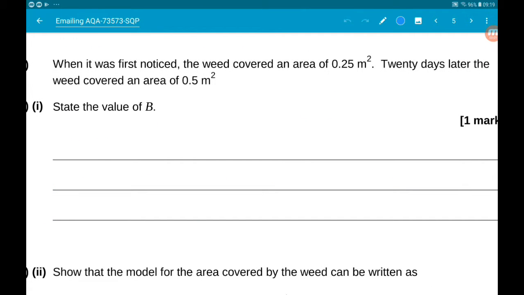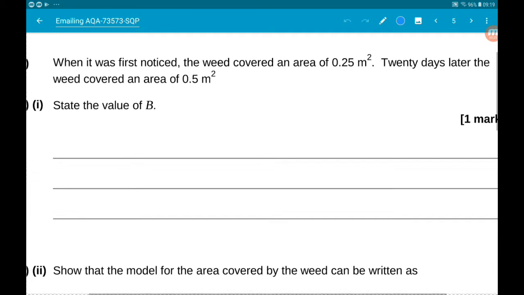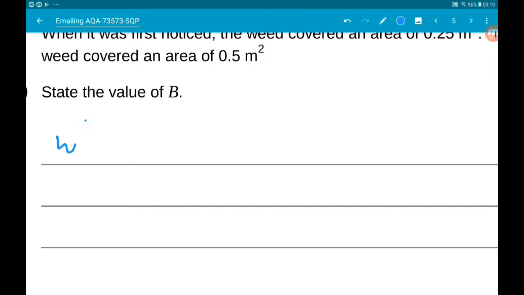Okay, part b tells us when the weed was first noticed, it covered an area of 0.25 meters squared. 20 days later, it covered an area of 0.5 meters squared. B part 1 wants us to find the value of B. So when the weed was first noticed, t is equal to 0.